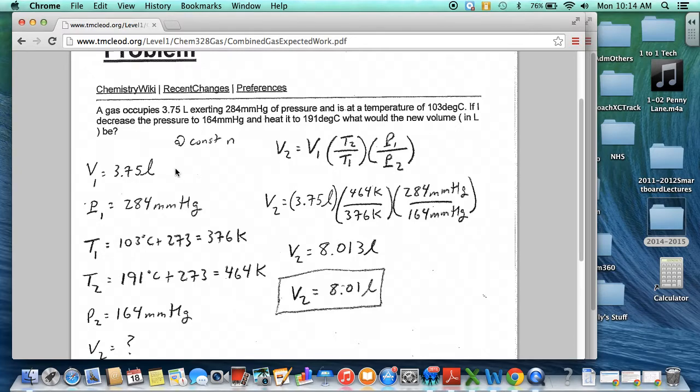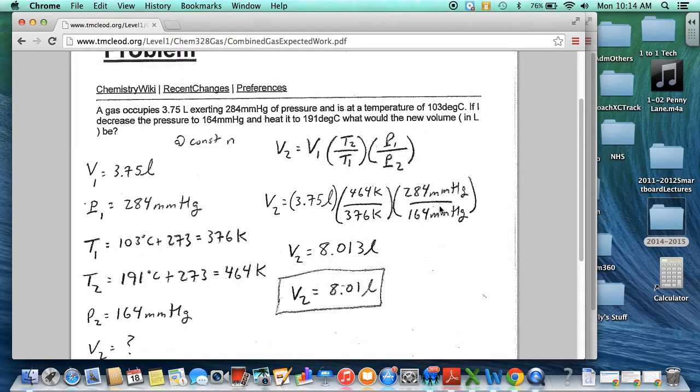It works just as well for T2 and P2. Just to check, how are temperature and pressure related? They're directly proportional, so T1 is on the bottom and P1 is on the top. That proves it. So you declare your variables, and temperatures have to be in K. You plug in, and then you get your answer.